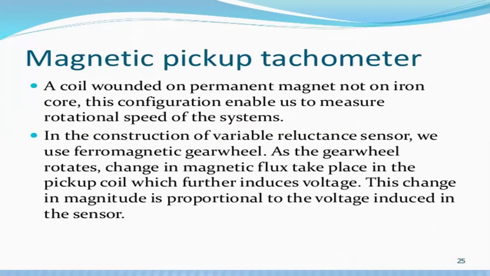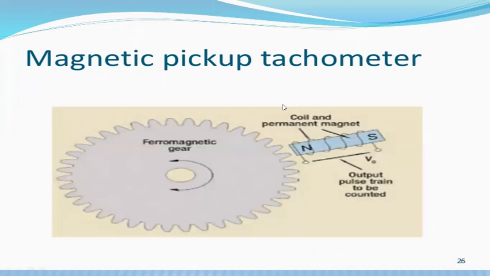A coil is wound on a permanent magnet, not on an iron core. This configuration enables us to measure the rotational speed of the system. So you can see, if I take one permanent magnet, a coil is wound on that permanent magnet.